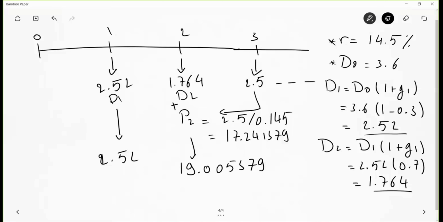I clear the previous entries. C01 is 2.52. Enter, down arrow. C02 is 19.005379. Enter, down arrow. Now I move to NPV. 14.5. Enter, down arrow. And I compute the price P0, $16.7.